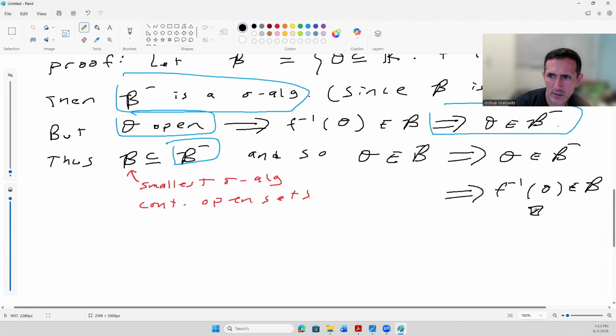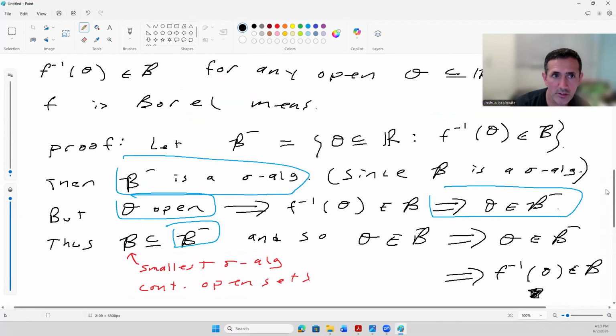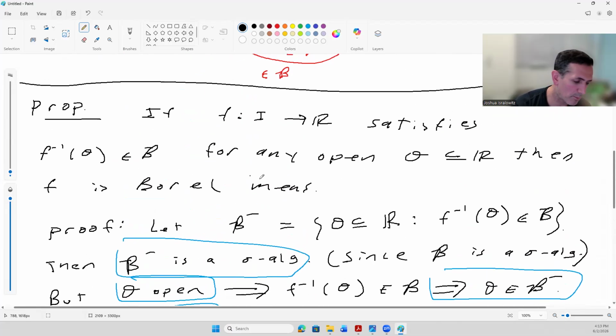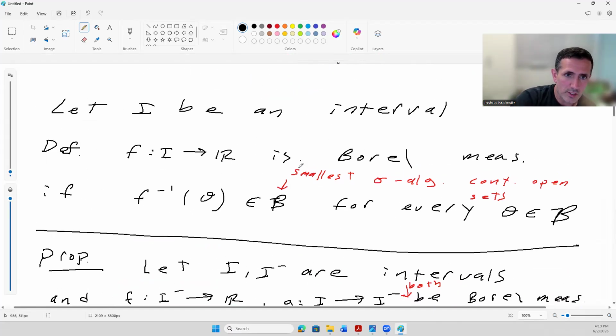Why is this important? Because of this really useful proposition, we can characterize Borel measurability in a way very similar to Lebesgue measurability. It's much more useful for us to be able to prove things are Borel measurable.